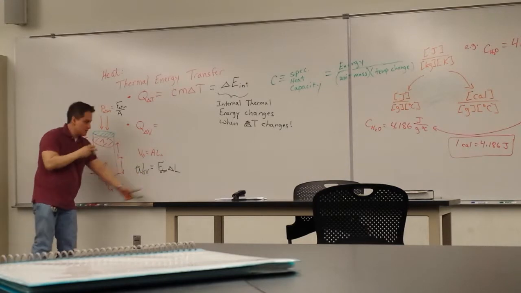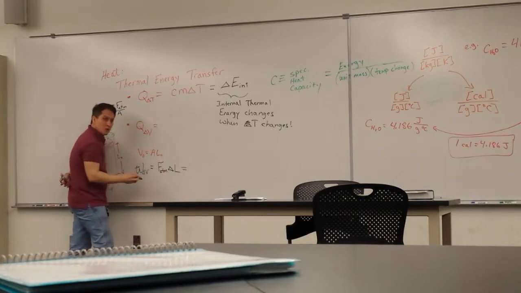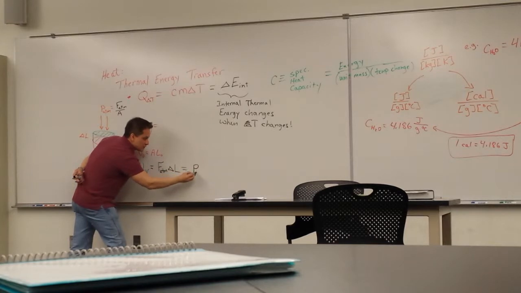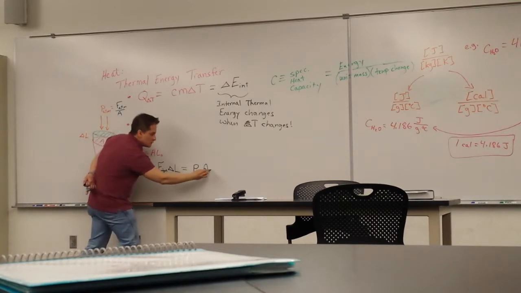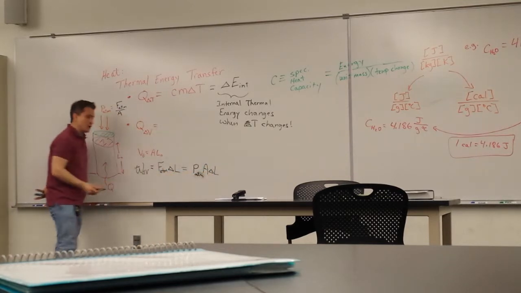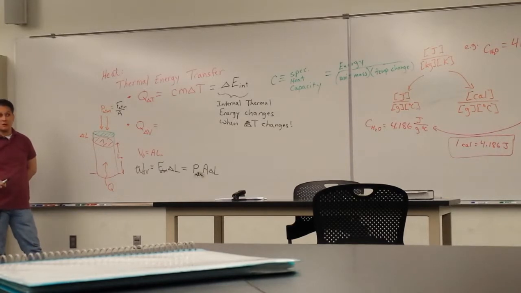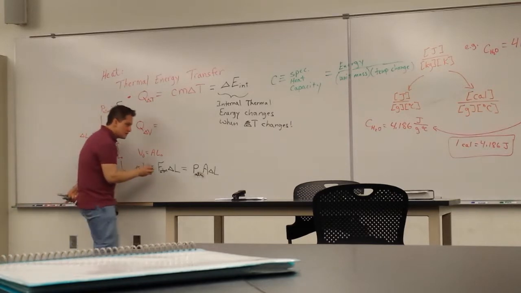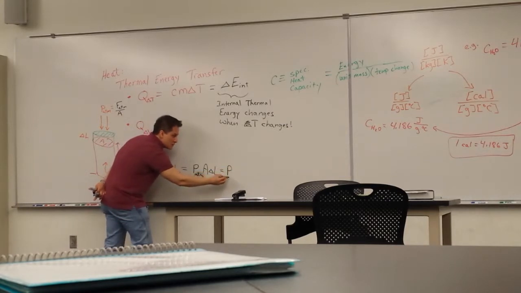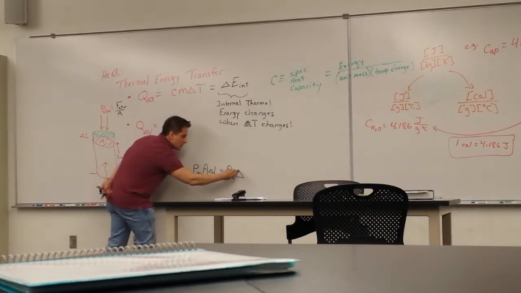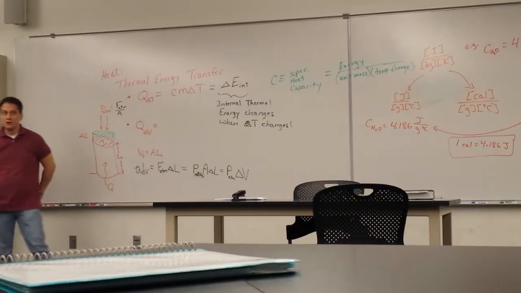This atmospheric force corresponds to pressure times the surface area times delta L, and I'm leaving the integral out and just keeping it simple. This corresponds to pressure times the change in volume.